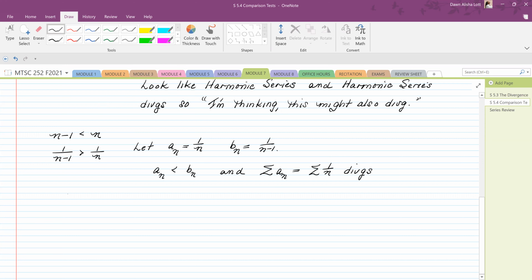So by the direct comparison test, the summation n equals 2 to infinity of bn, equal to the summation of 1 over n minus 1, also diverges.